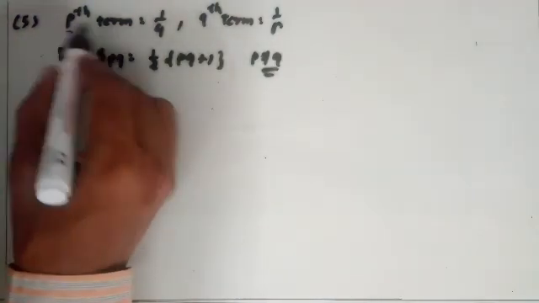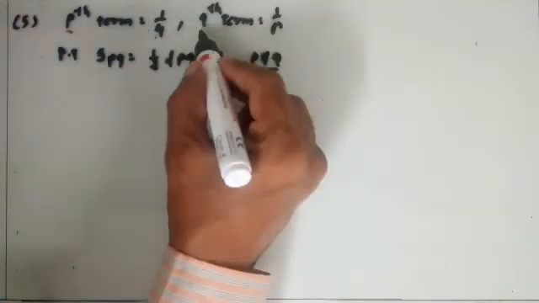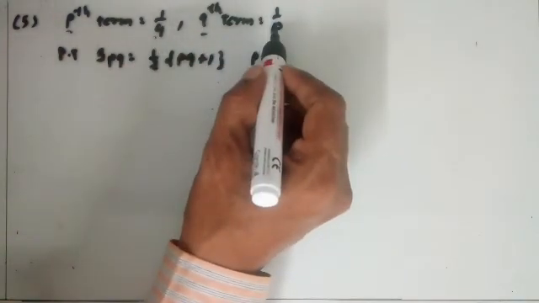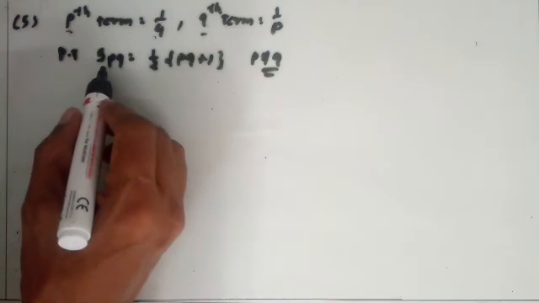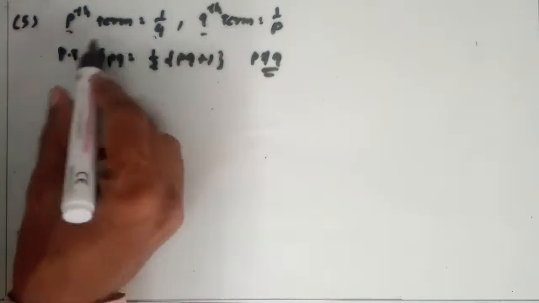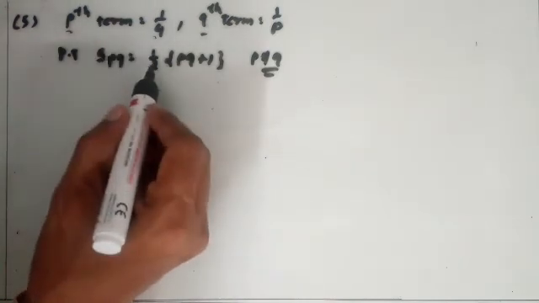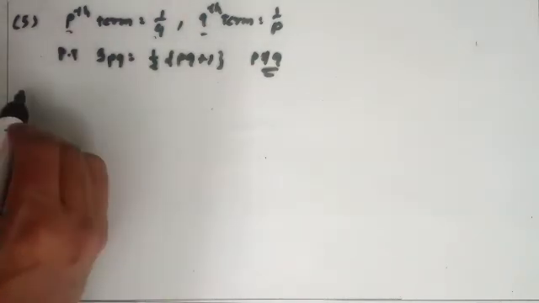Here pth term is equal to 1 upon Q and qth term is equal to 1 upon P given, and we want to show that the sum of PQ terms is equal to 1 upon 2 into PQ plus 1.